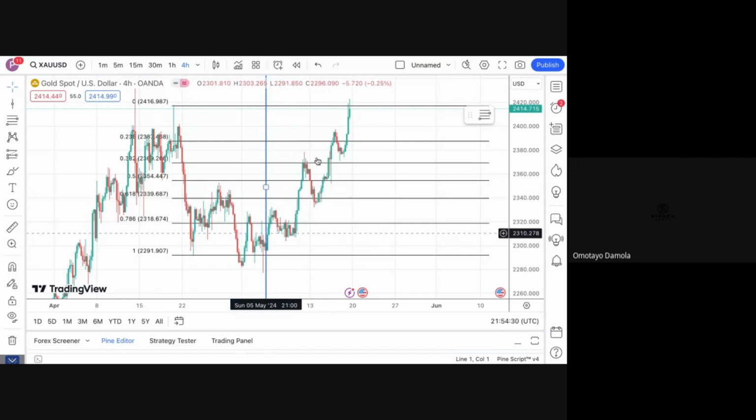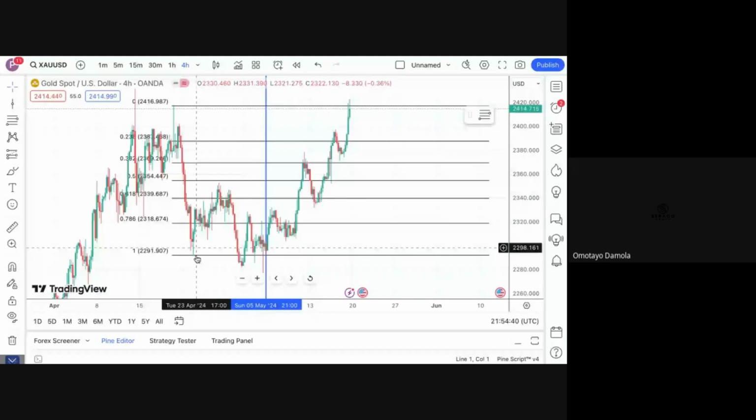Now you can see that we ruled it from the previous swing high as 0 to another swing low. That's the point 1, and this was where we ended the class last week. Now you can see that price moved into the 0.786.